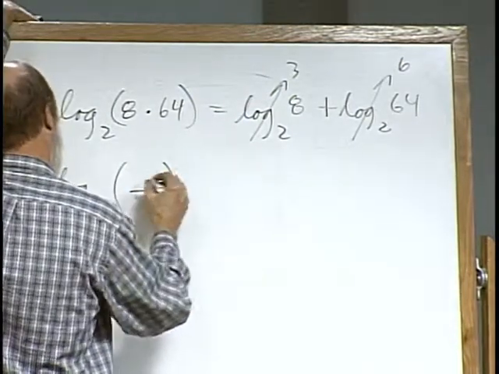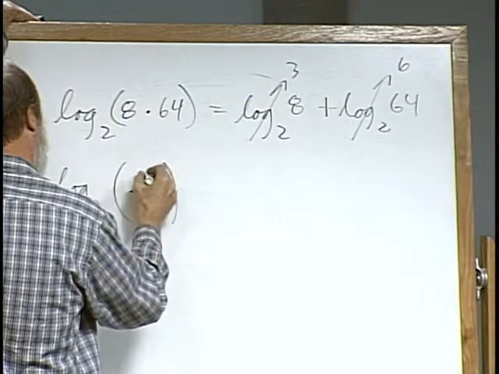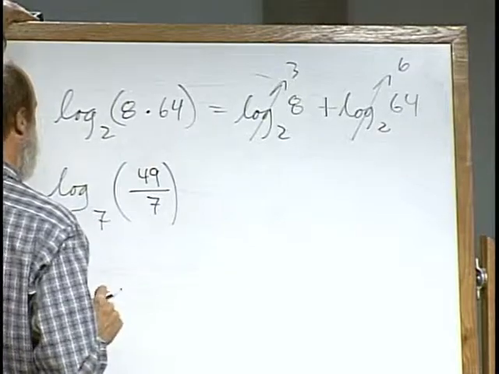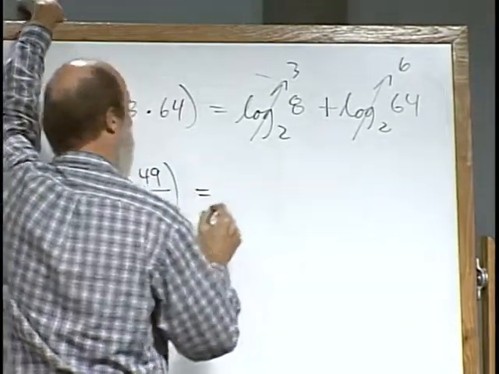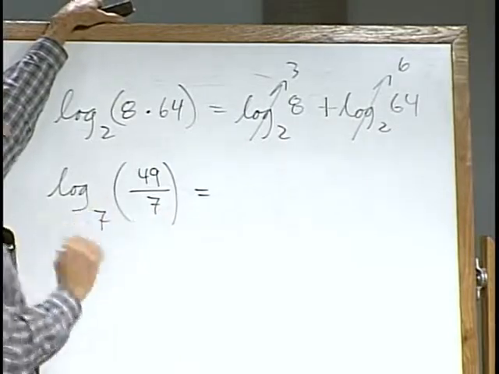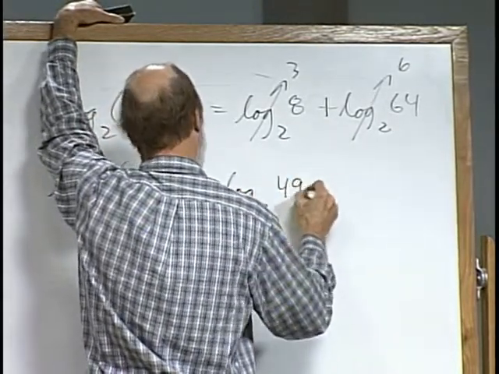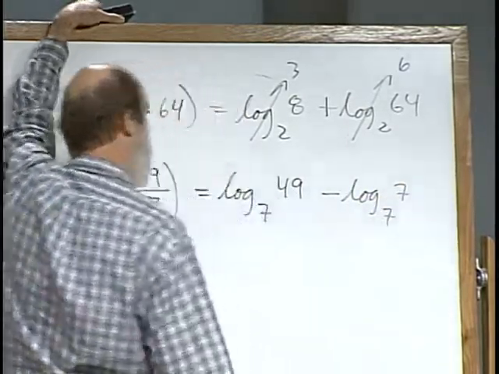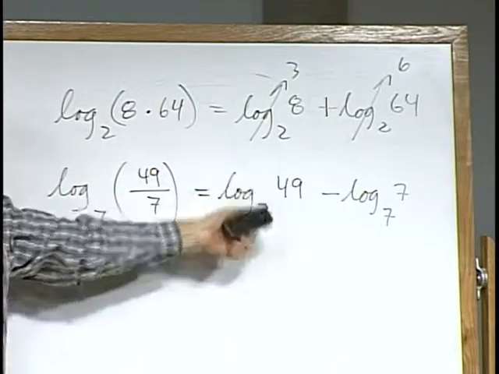Let's keep it simple, 49 and 7. The log of a ratio is equal to the difference in the logs. So this is going to be the log base 7 of 49 minus the log base 7 of 7. The log of a ratio is equal to the difference in the logs.